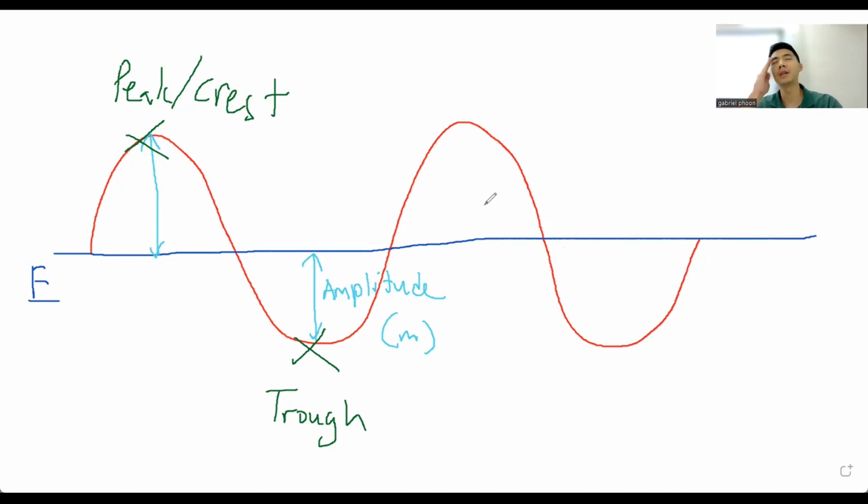Guys, the most layman way I can think about a wavelength is basically when it starts repeating itself. Let's say I start from the equilibrium position. It goes up, down, down, up, repeat. Up, down, down, up, repeat.